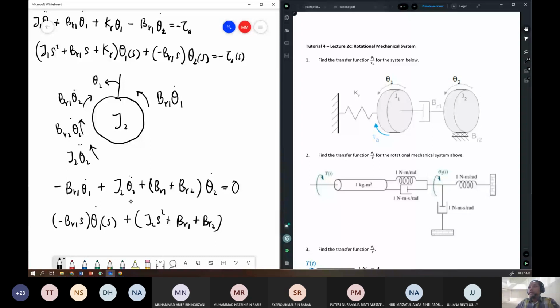Then we have two equations here, and we can write them in matrix form.